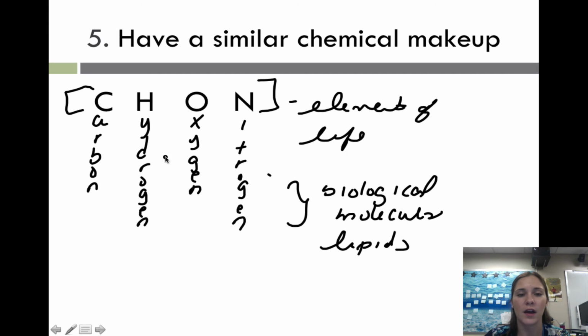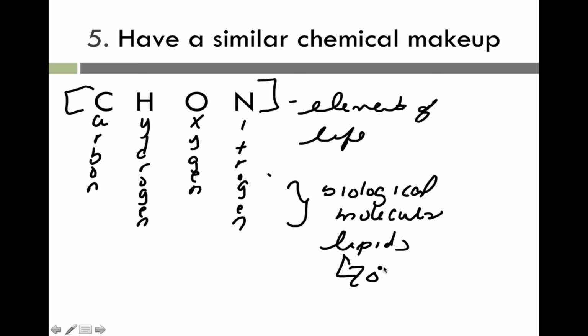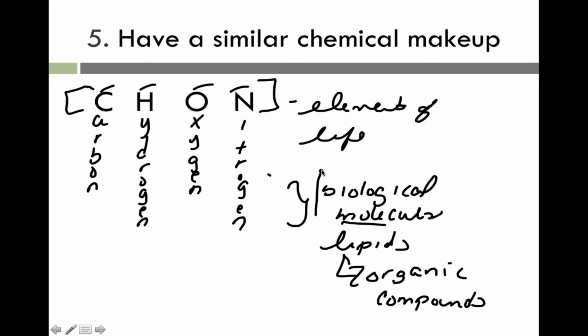Proteins include the nitrogen as well. So all of these things will form biological molecules, and those would be our organic compounds. We're going to talk about this later on. But the main thing to understand right now is that all living things are made up of these elements, which will combine to form the biological molecules.